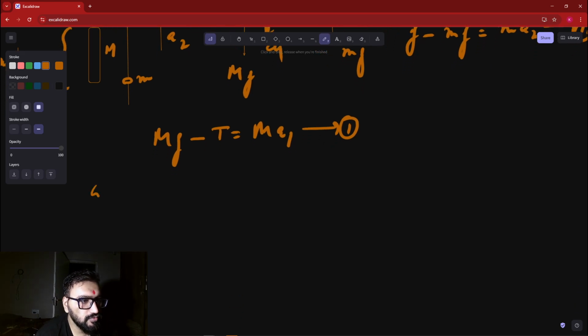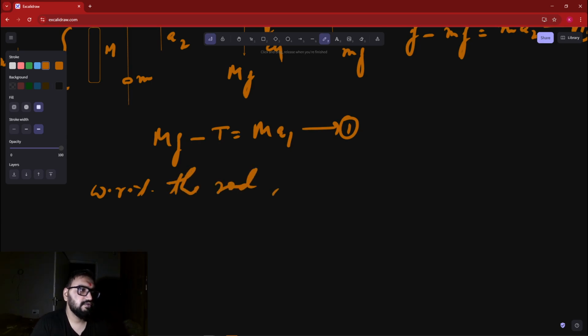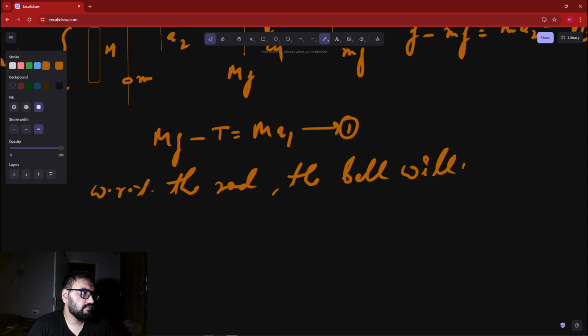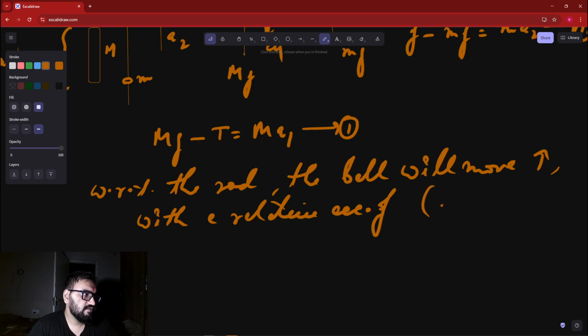So with respect to the rod, the ball will move in the upward direction with a relative acceleration of a1 plus a2, and in time t it would have covered a distance L. Okay, so we can straight away write down the second equation of motion.